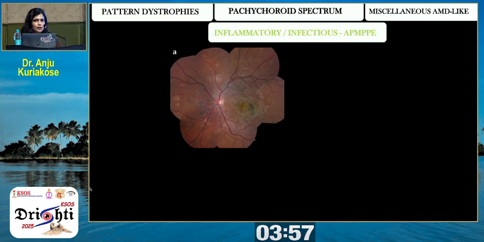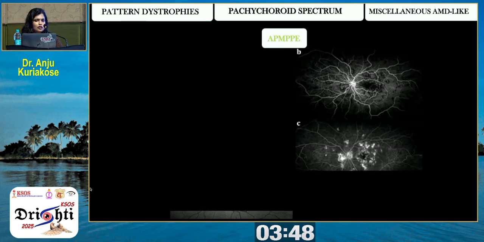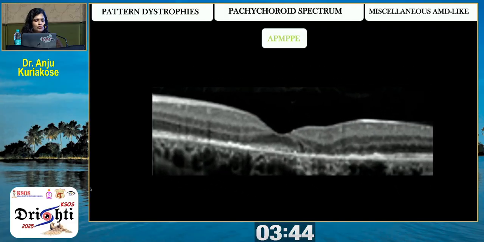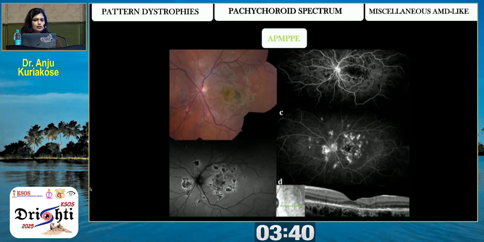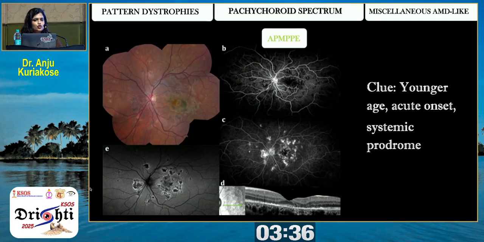Next is inflammatory or infectious. APMPPE: a 40-year-old male with multiple yellow-white lesions, early block, late staining, and OCT showing outer retinal hyperreflective layers. The clue here is younger age, acute onset, and systemic prodrome.